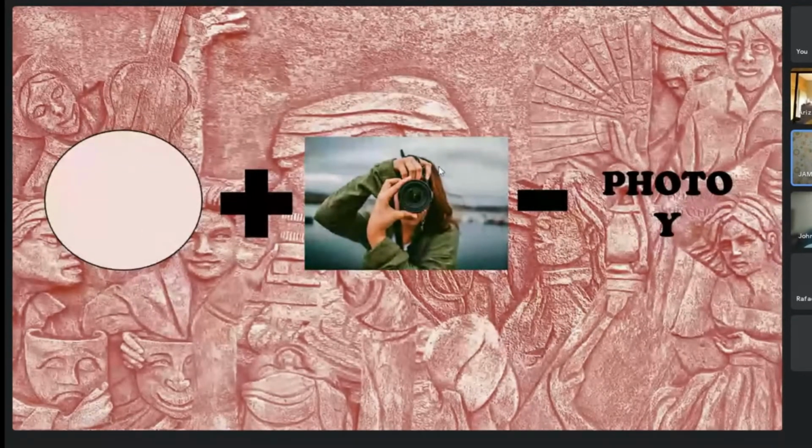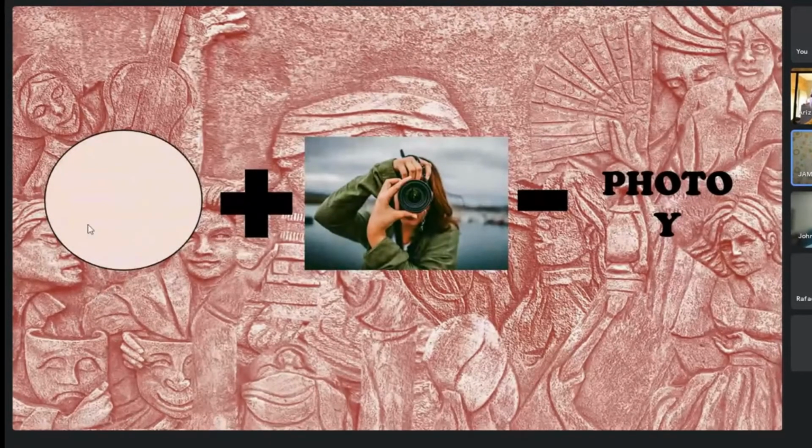This picture plus this picture minus the word photo and the Y. Anyone? Anybody who has an idea what type of graph will be decoded with this message? Click the raise hand button if you want to answer. So what do you think is this picture?